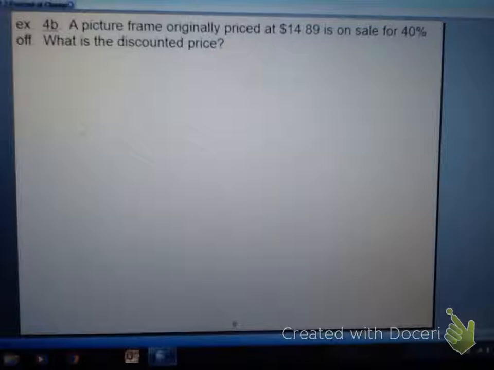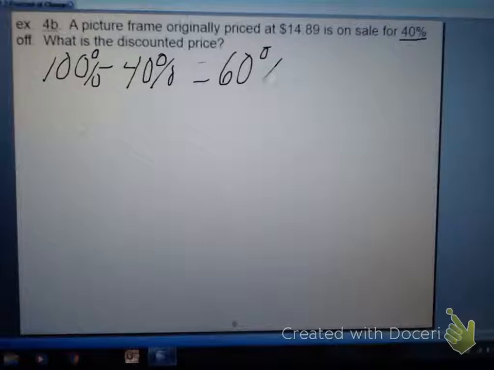A picture frame originally priced at $14.89 is on sale for 40% off. What is the discounted price? Again, it's 100 minus the discount, which is 40%. So how much are you paying? You are paying 60% of the item.